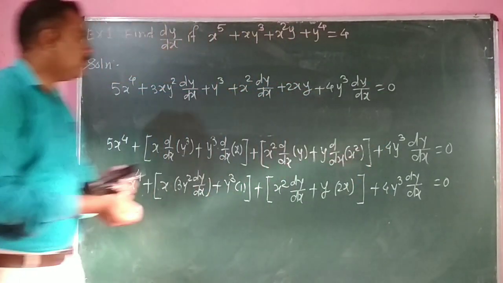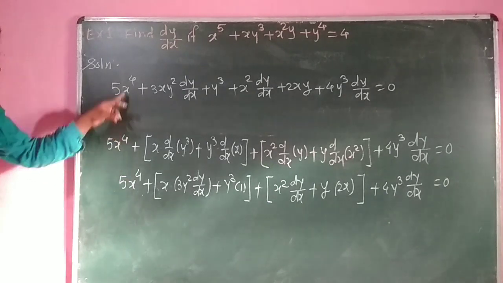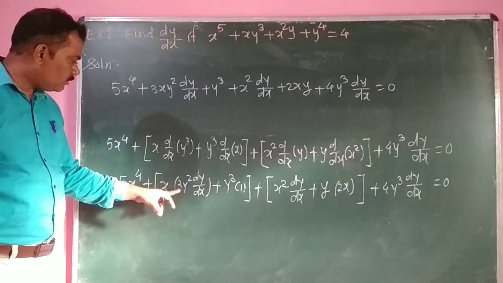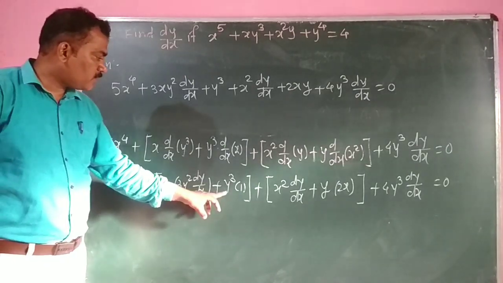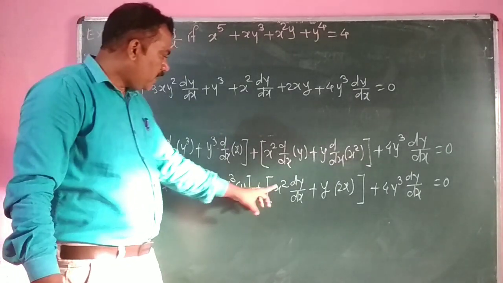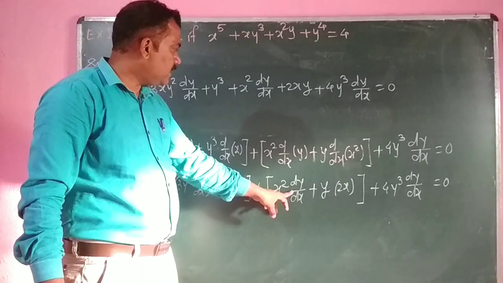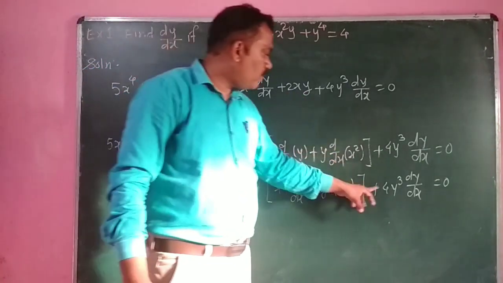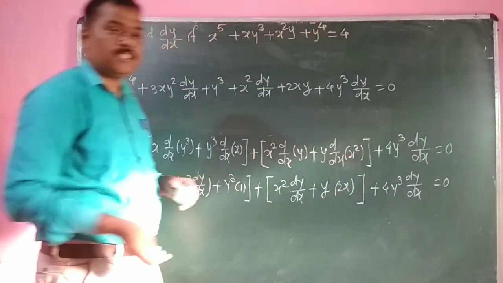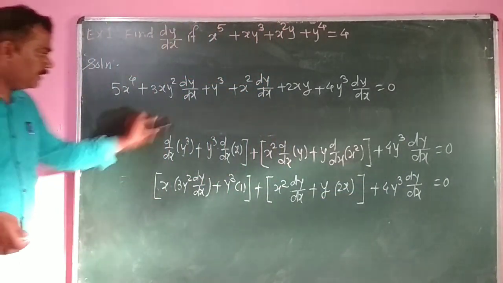We have to check one more time. 5 into x raised to 4 as it is. x into 3y square is nothing but 3xy square dy by dx plus y cube plus x square dy by dx as it is plus y into 2x nothing but 2xy plus 4 times y cube into dy by dx is equal to 0. Okay.